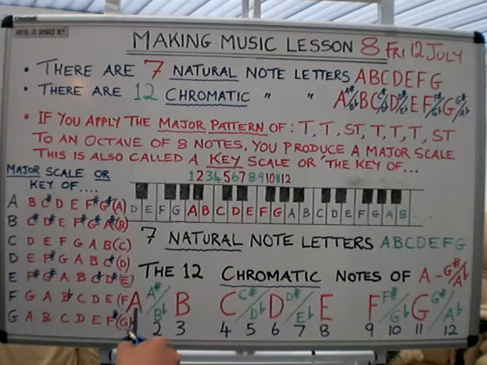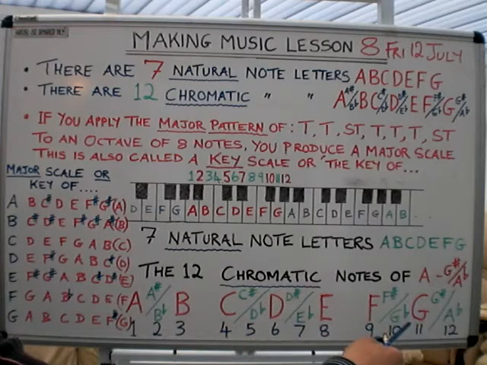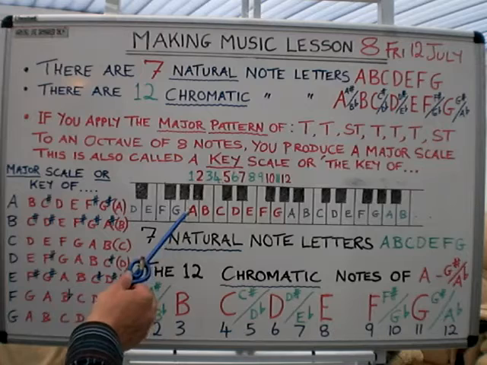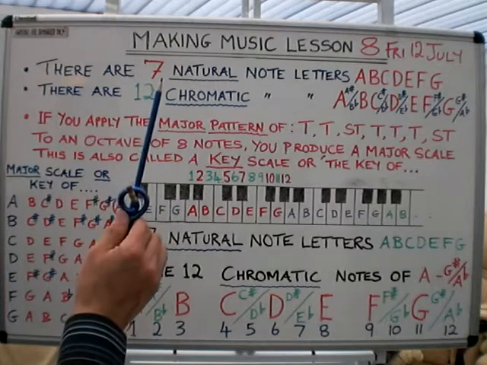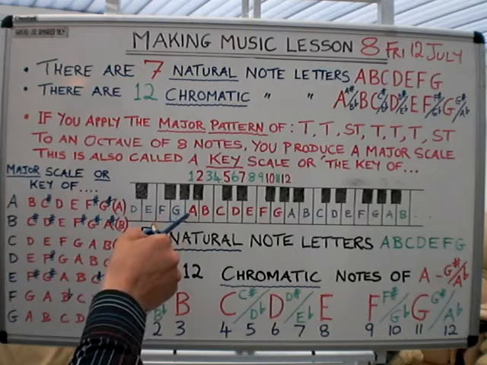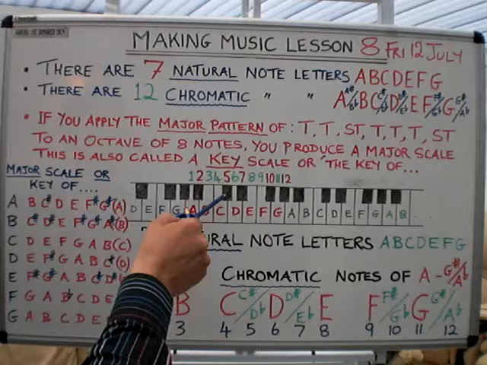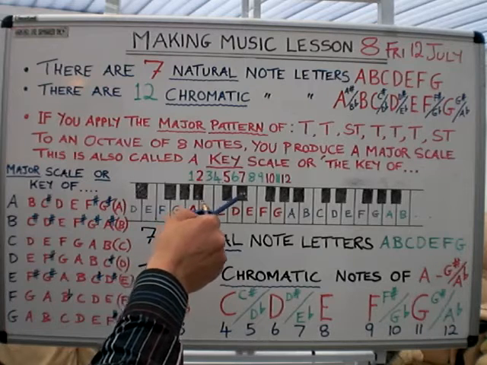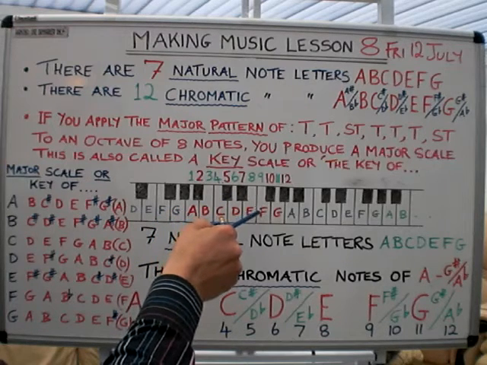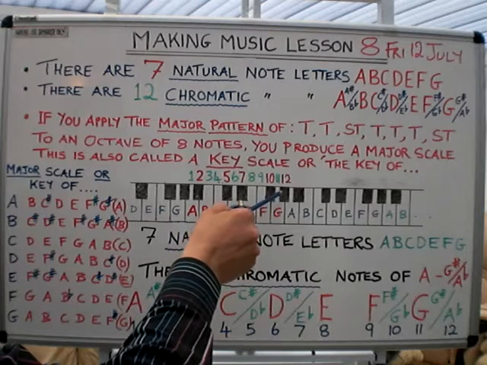We can count the natural ones here: 1, 2, 3, 4, 5, 6, 7 in the red. But I'm going to count the blacks in too, and I'm only going to count them as one, the enharmonic black keys. So we go here: 1, 2, 3, 4, 5, 6, 7, 8, 9, 10, 11, 12.